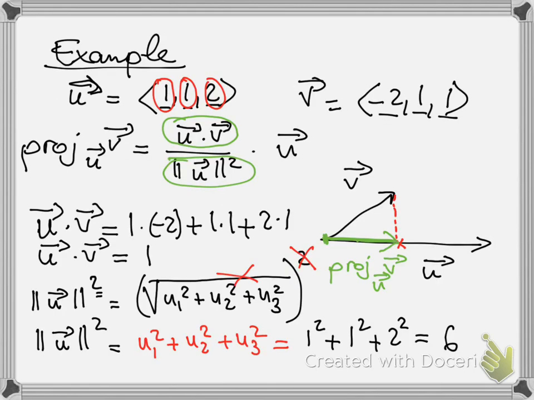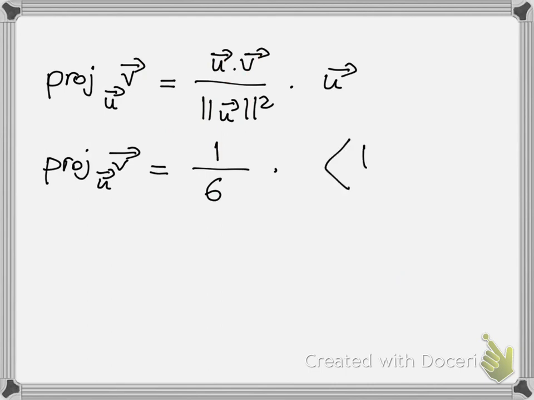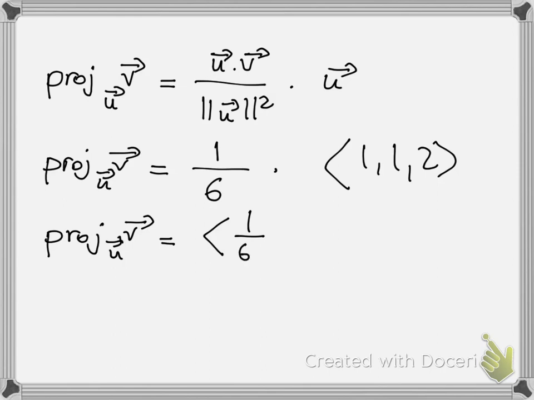The vector u is 1, 1, 2, so times the vector 1, 1, 2. So we multiply 1 over 6 times 1, then 1 over 6 times 1, and then 1 over 6 times 2.